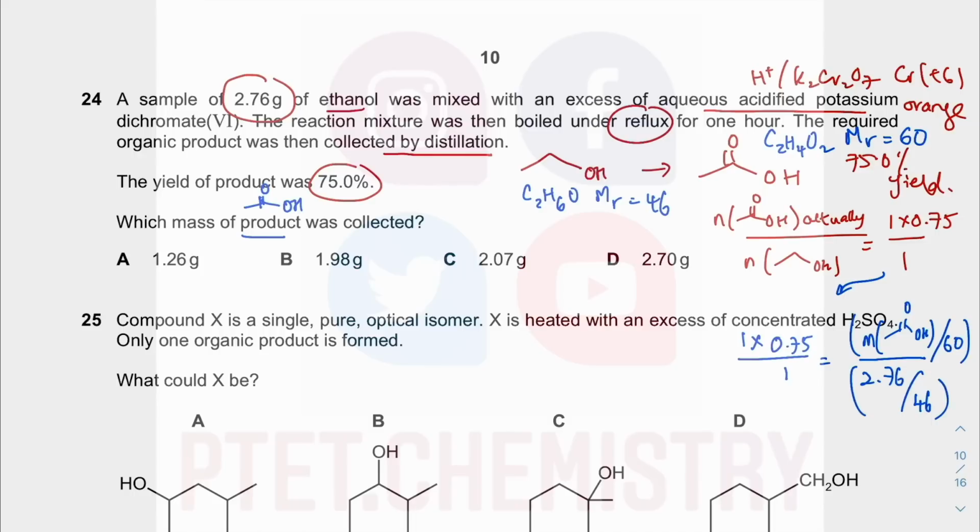I reserve the top bit for the carboxylic acid. I only get 75% of it, which will give me the mass of the acid divided by the molar mass of the acid. At the bottom, I reserve it for ethanol. Started with 1 mole from the stoichiometric equation, which will give me 75% of 1 mole of the product. In actuality, I use 2.76 gram divided by the molar mass of the alcohol, the ethanol.